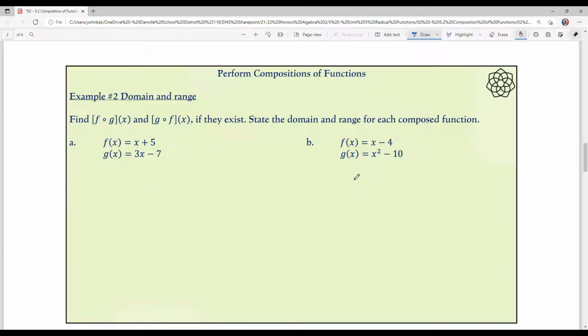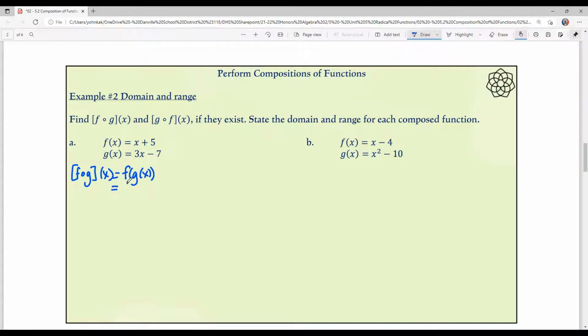Now we can find composition of functions if we're given actual equations. So find f circle g of x and g circle f of x if they exist. State the domain and range for each composed function. Okay, so if I want to find f circle g of x, by definition, that's f of g of x.